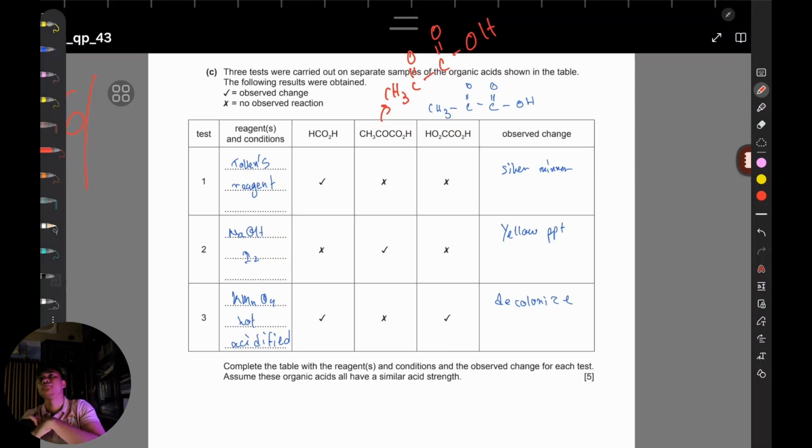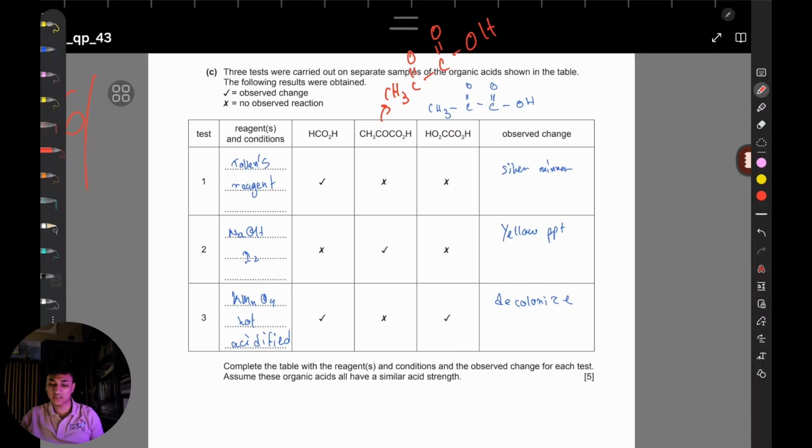Now, in A2, what you've studied is that 2 particular acids go through further oxidation. And those 2 are methanoic acid and ethane dioic acid. In the case of methanoic acid, it only needs a mild oxidizing agent to be oxidized.